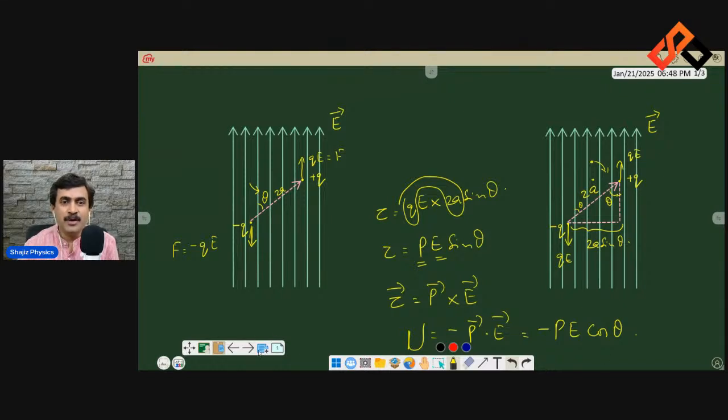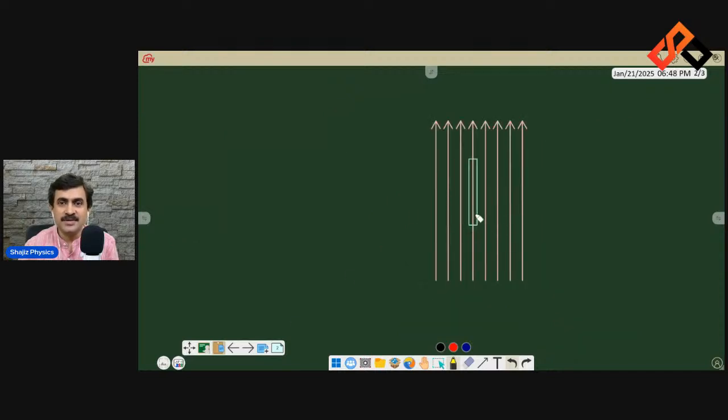Now we will be able to see the similar situation when you are considering a magnetic field. Here, let the pink arrows represent a magnetic field represented by B vector, and this be a magnetic dipole, that is simply a bar magnet.